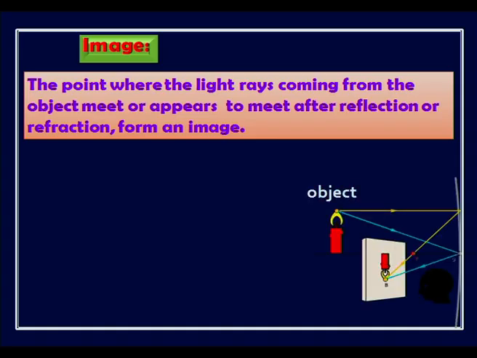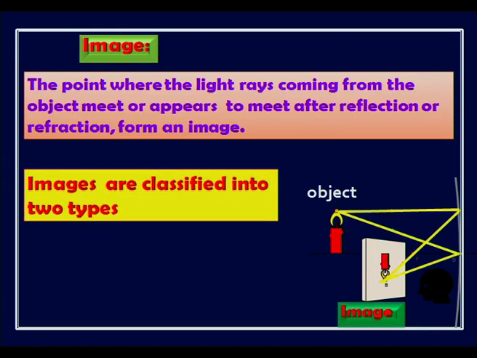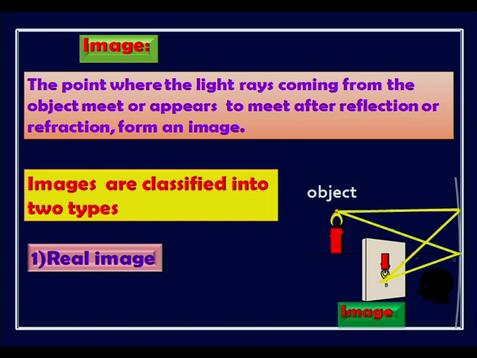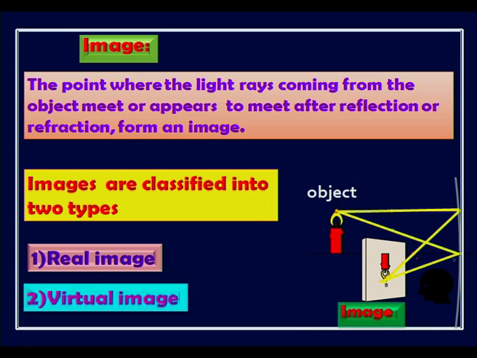Here candle is the object, light rays travel toward the mirror, after reflection they will converge and they form the image. This is the image. Images are classified into 2 types. In that, first one is real image, second one is virtual image.